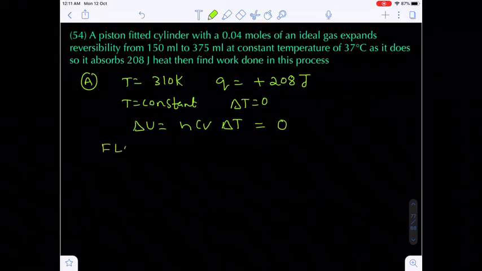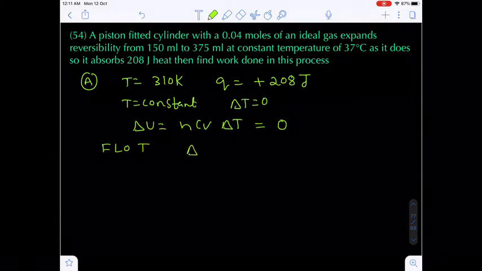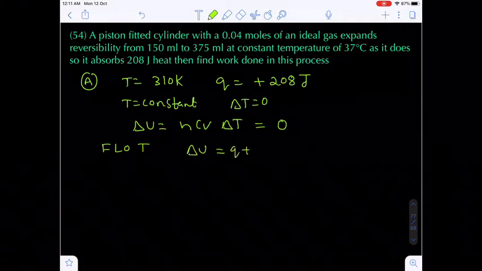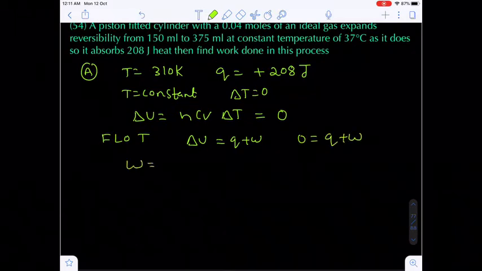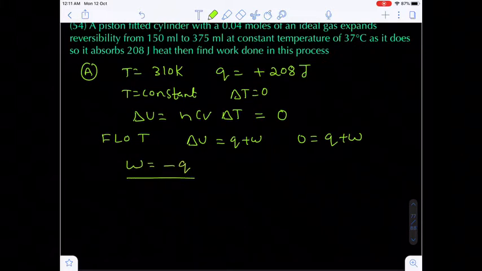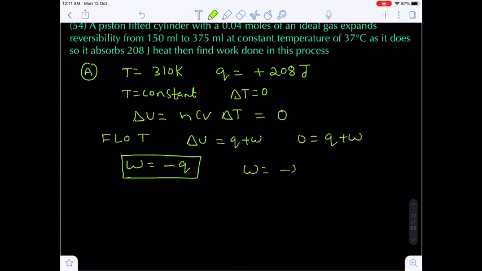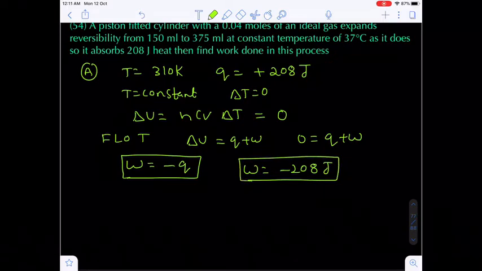From the first law of thermodynamics, delta U is equal to Q plus W. Here the delta U value is 0, so 0 is equal to Q plus W. So W value is equal to minus Q, that means minus 208 joules. Are you getting my point?